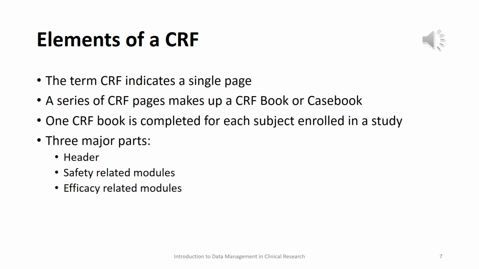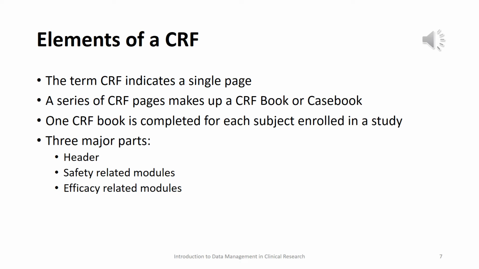So let's take a look at the elements of a case report form. The term CRF, or case report form, indicates a single page. So a series of CRF pages makes up either a CRF book or a case book. Now each patient is going to have a case book.